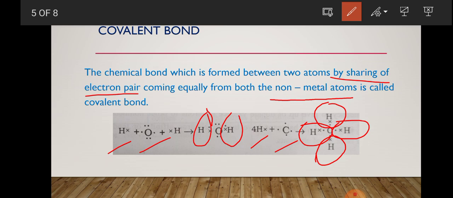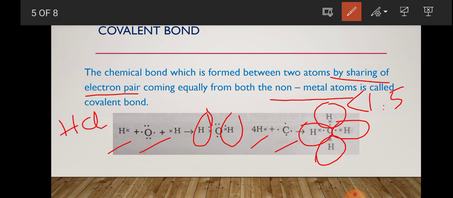And this covalent compound is formed when the electronegativity difference between two atoms is less than 1.5. Then the elements do not lose electrons, rather they share electrons to form covalent bond. For example, HCl.